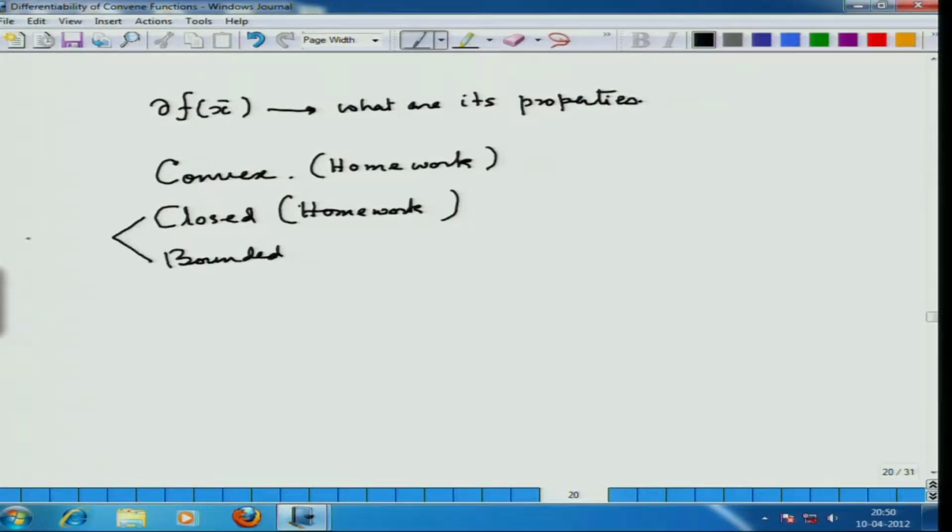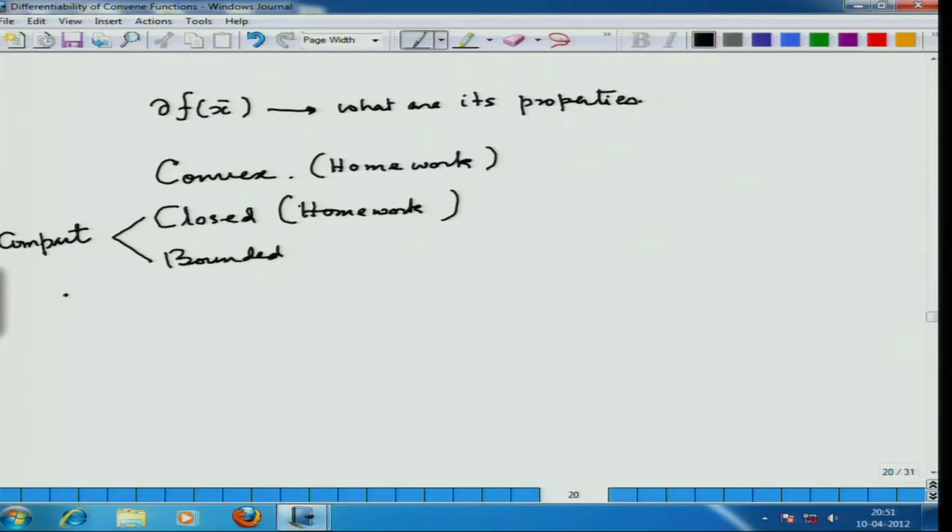So, this too makes it compact, because we are in finite dimension, and ∂f(x̄) is thus a convex and compact set. Now, how do you prove that it is bounded? That is a very important thing, but in order to prove that it is bounded, we need to know some additional things about a convex function.